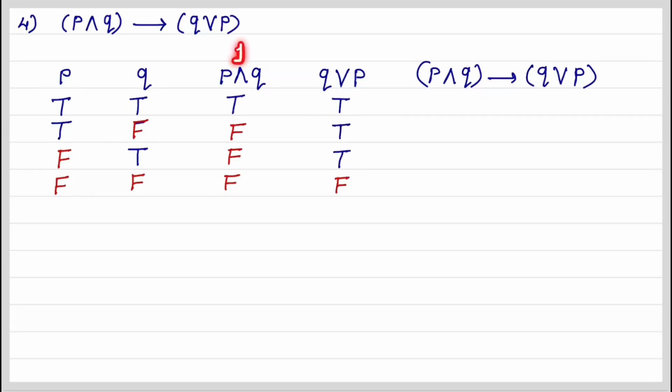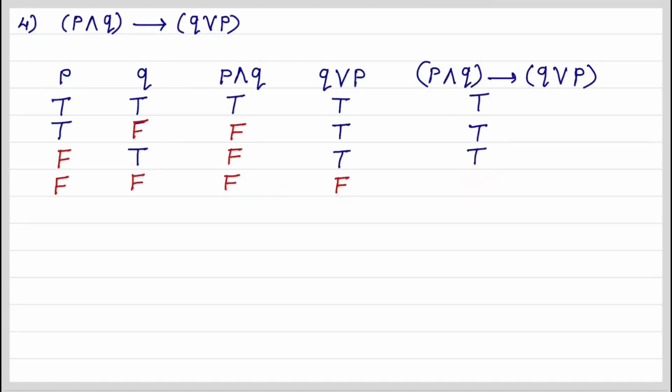Now take implication. For implication, when first statement is true and second is false, then it is false. Here these three entries are true. So now need to see what is the truth value of first statement. Implication will be true. Therefore, first three entries are true.